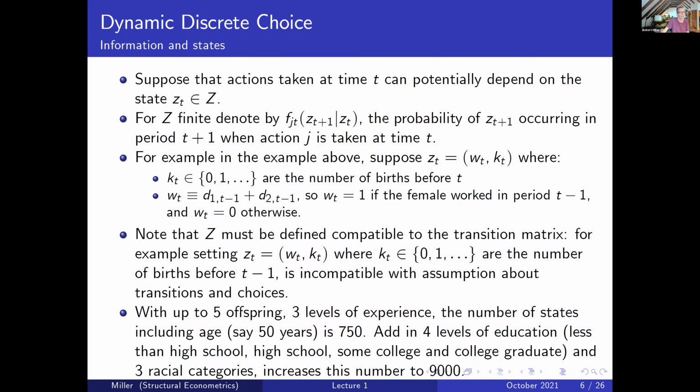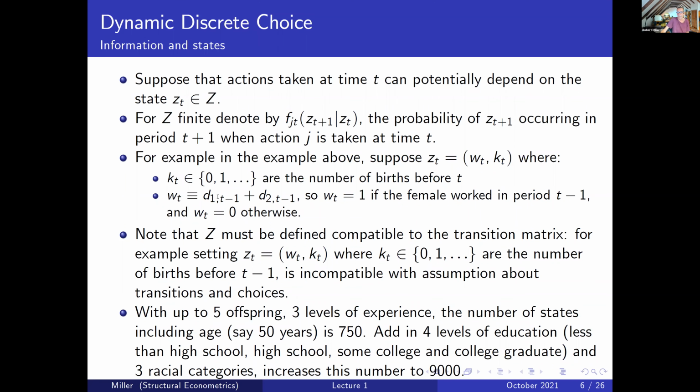So in this little example, I'm imagining that here are the number of births that you've had before now at time t. So that's just the number of kids you've already got, okay? And here is your work experience.